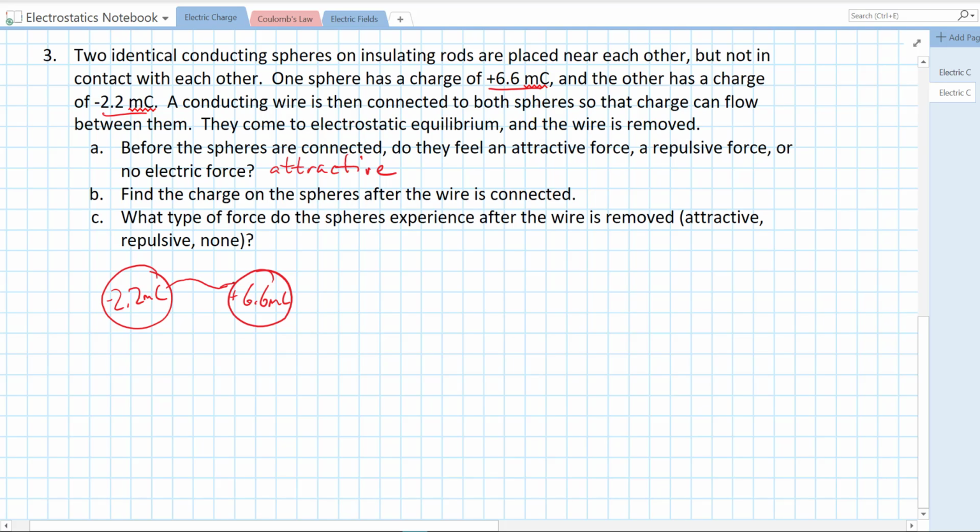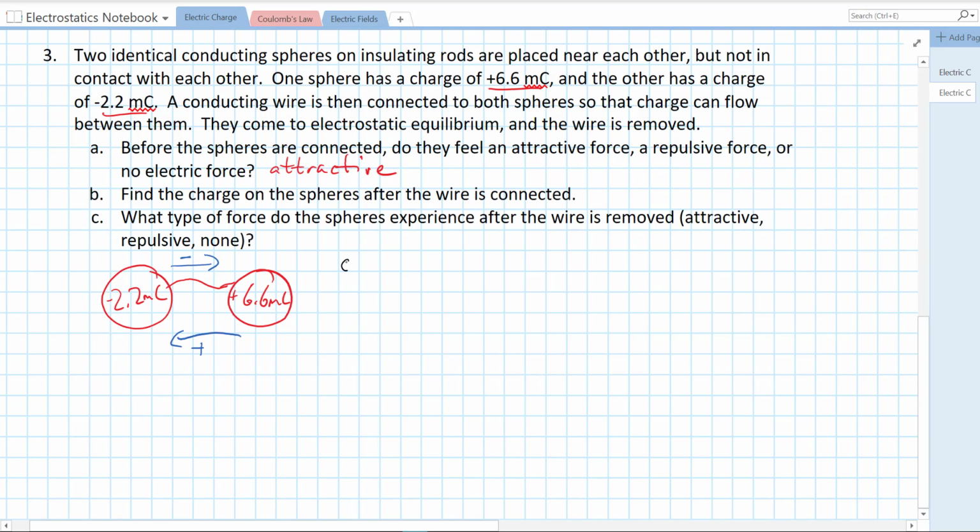Since we have a lot of positive charge in one, a lot of negative charge in the other, those charges are going to try and repel themselves and basically even themselves out as much as possible. So we could think about it as positive charge flowing this way or negative charge flowing this way to come to equilibrium. What we do know is that because they're conducting spheres and they're exactly identical, the charge is going to spread itself out evenly between the two spheres.